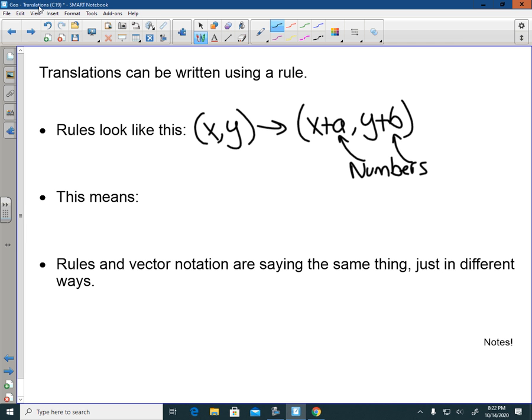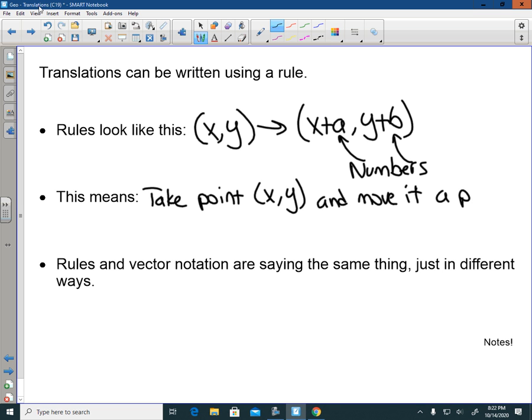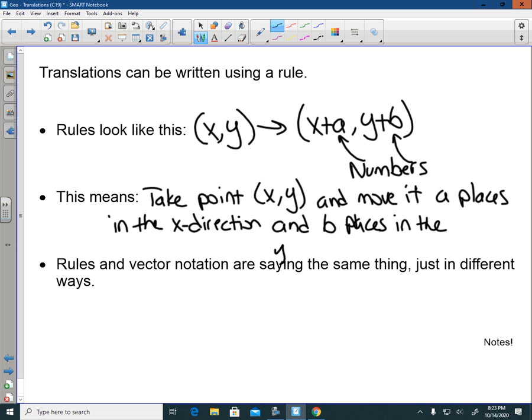And so what this rule means is take point x, y, and again, you got some numbers there that you're working with, and move it A places in the x direction, and B places in the y direction.